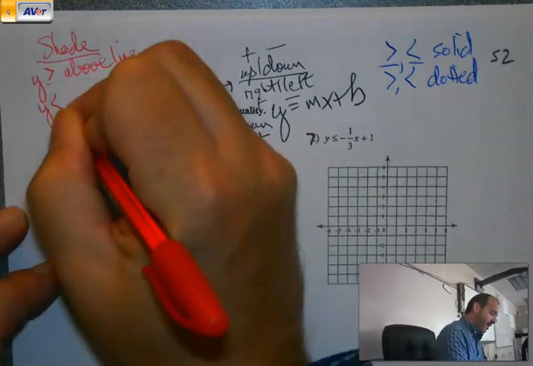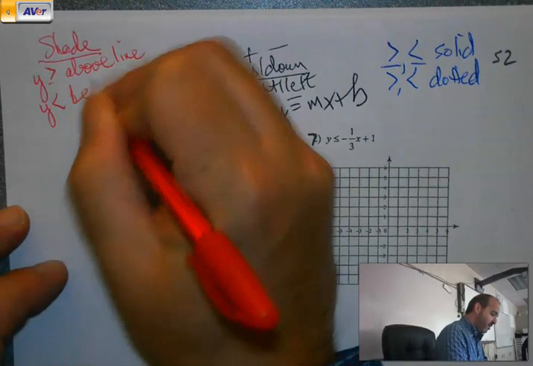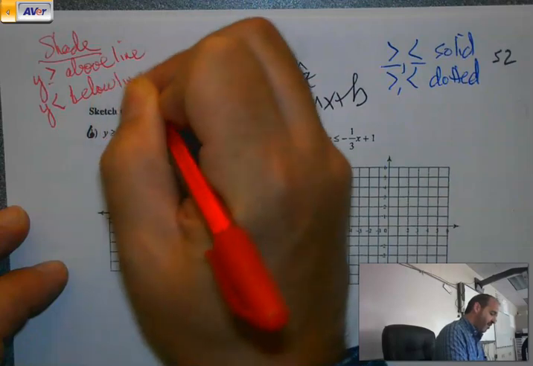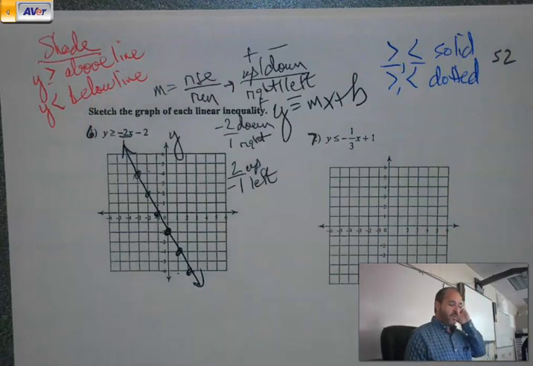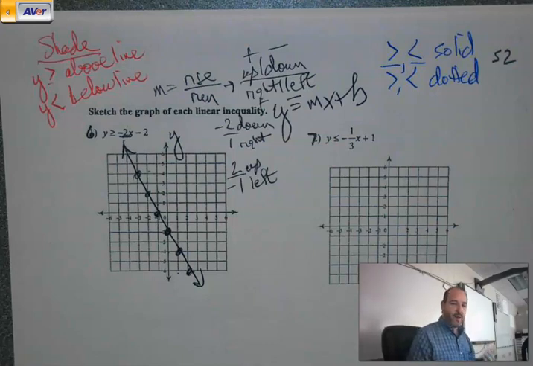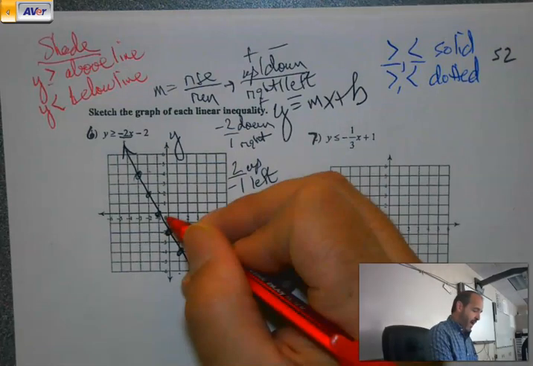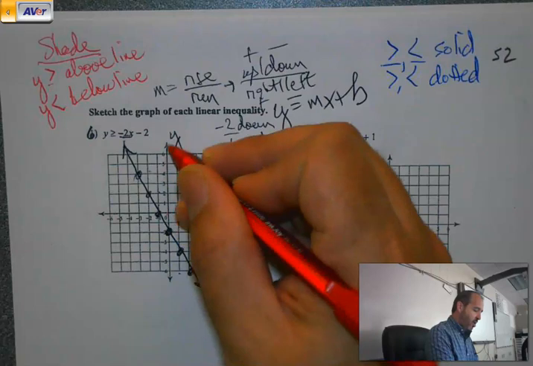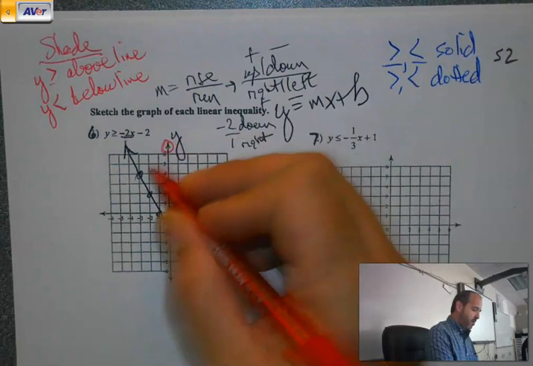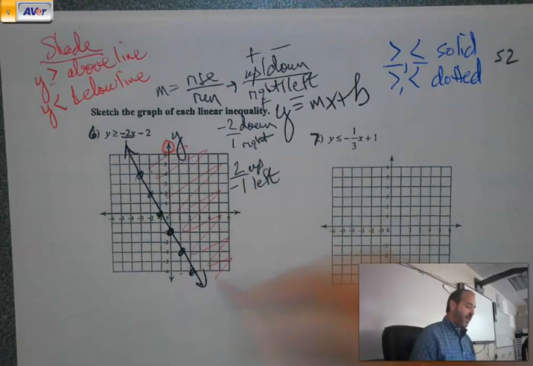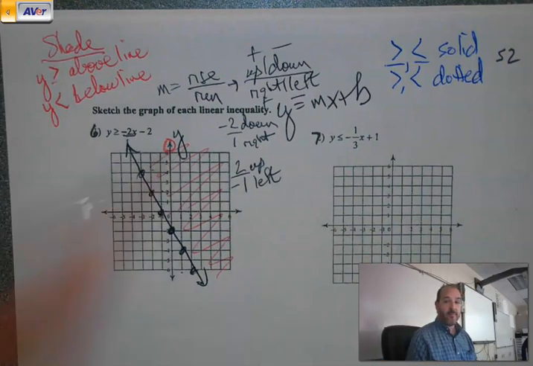If it's less than, we're going to shade below the line. Okay, so here's what typically that's going to mean. You can kind of see where this line above it would be. Where are the y values getting greater? Well, if I'm on the y-axis, they're getting greater along here. So I would shade on the side, basically where that up arrow is.